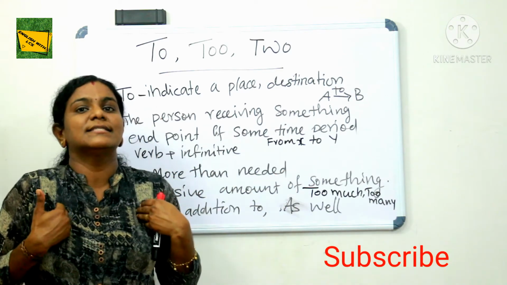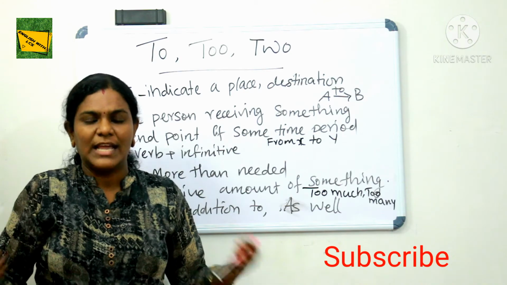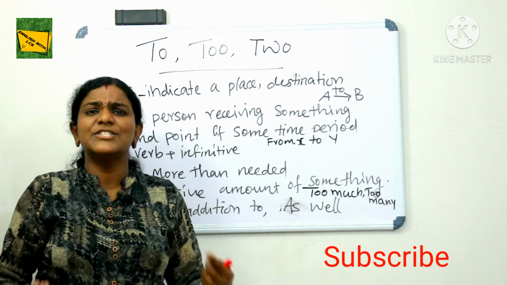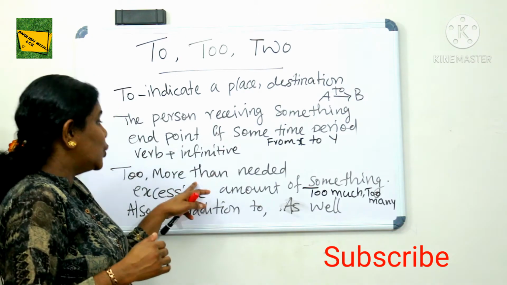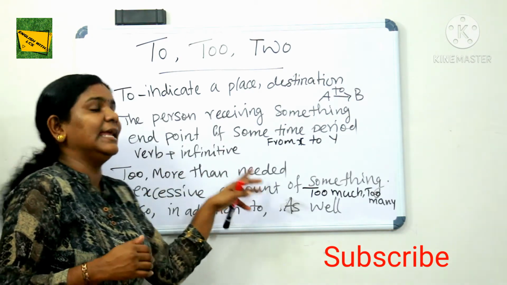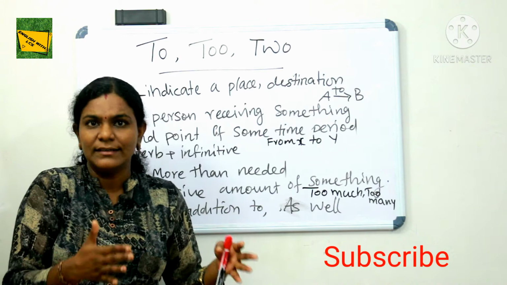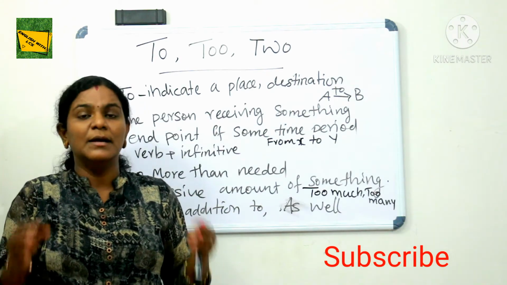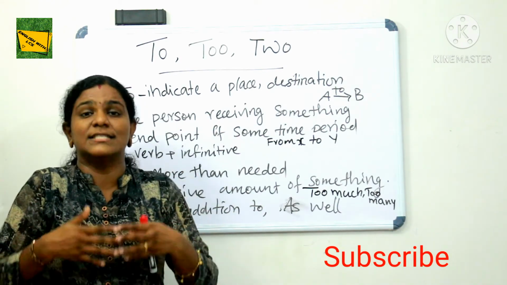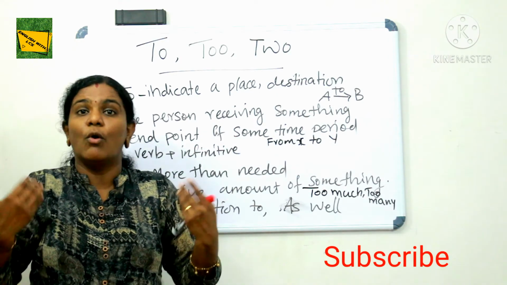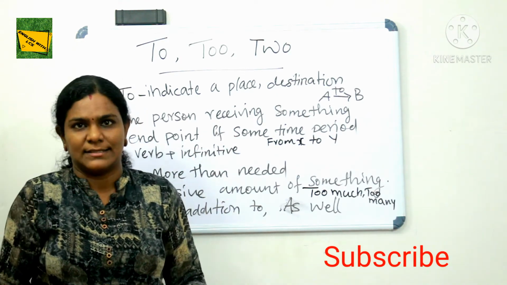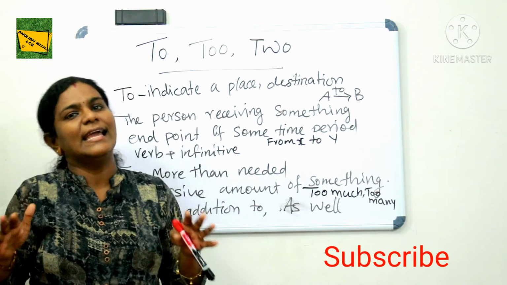That means this shirt is too big. If someone says that this shirt is too big, it means that it is more than he needed. So he needed a shirt of a particular size, but the shirt which he got is too big, which means more than he expected or more than he needed.